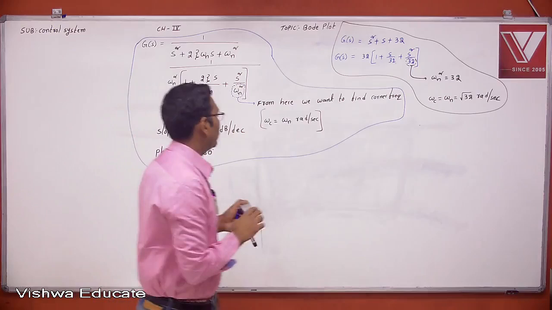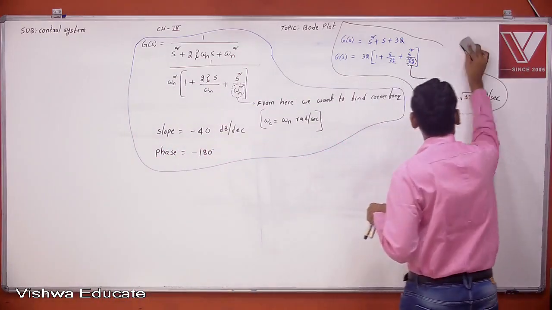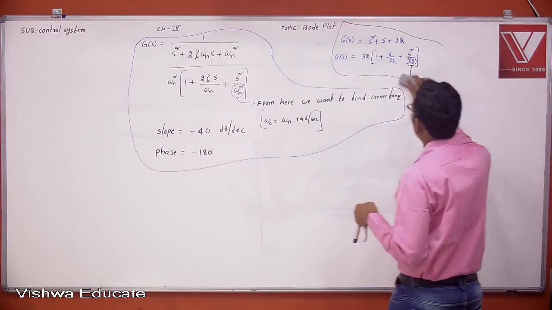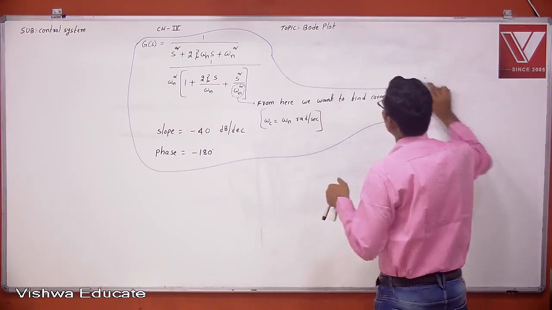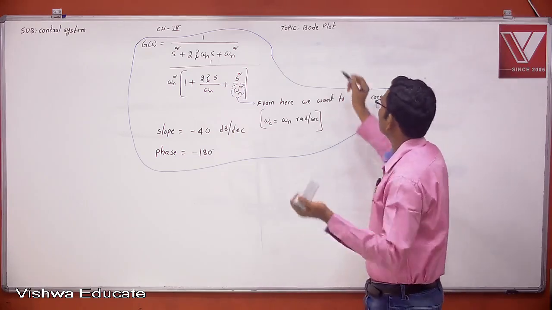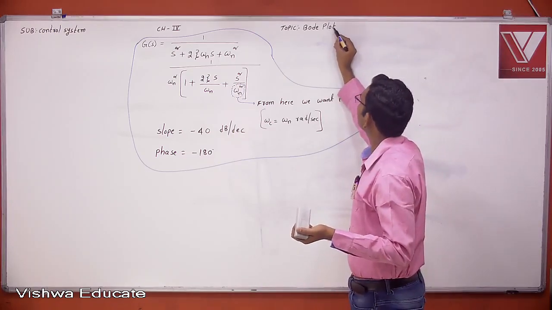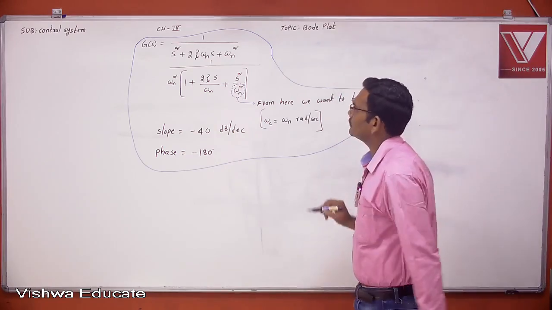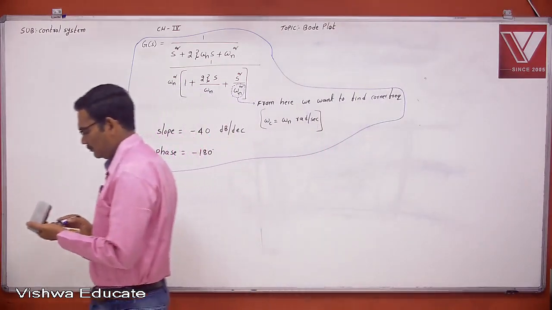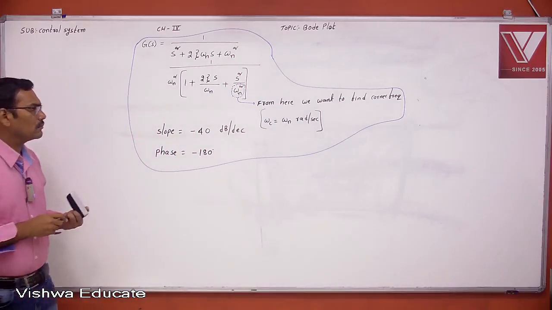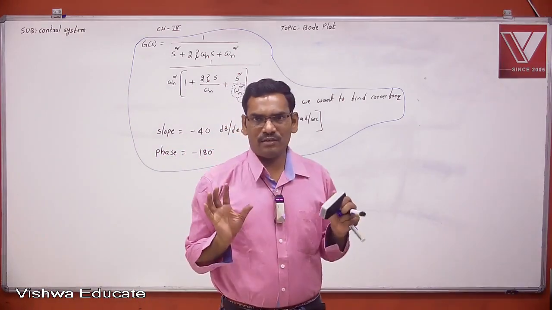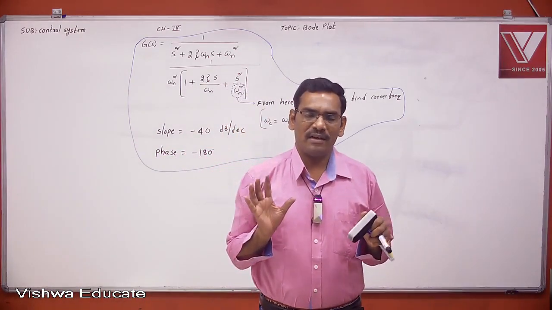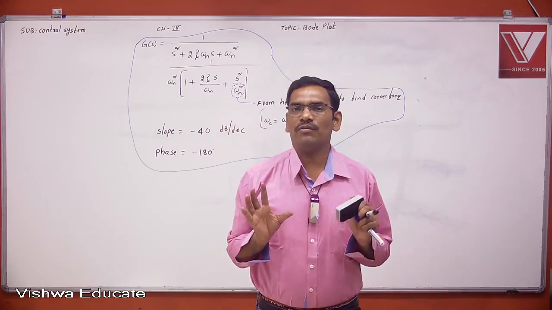Take this one also. If poles and zeros are in quadratic form, as square plus bs plus c, use this particular procedure to find the corner frequencies. Now you know how to find the slope, the corner frequency, and the phases.